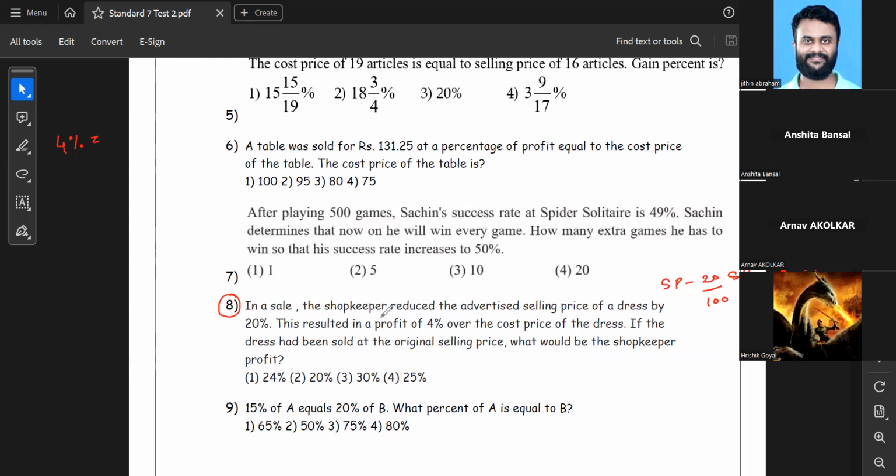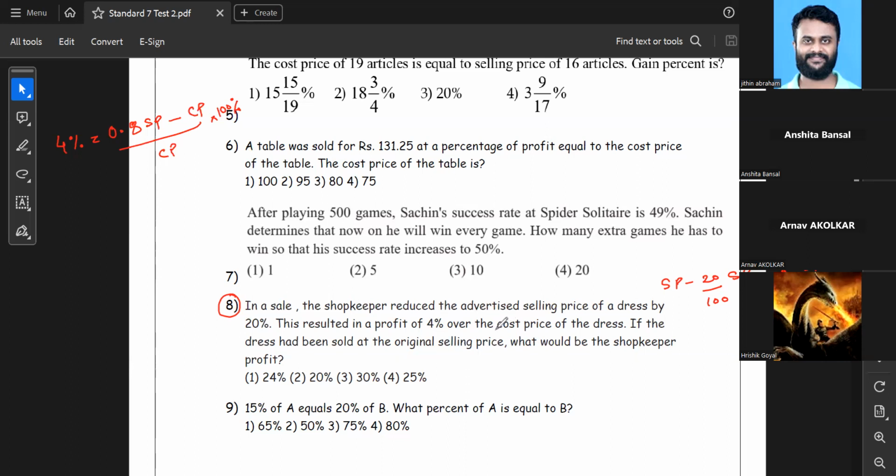So currently the new selling price is 0.8 SP. Profit percentage is equal to selling price minus cost price upon cost price multiplied by 100, and his current selling price is the original selling price minus 20%, that is nothing but 80%.